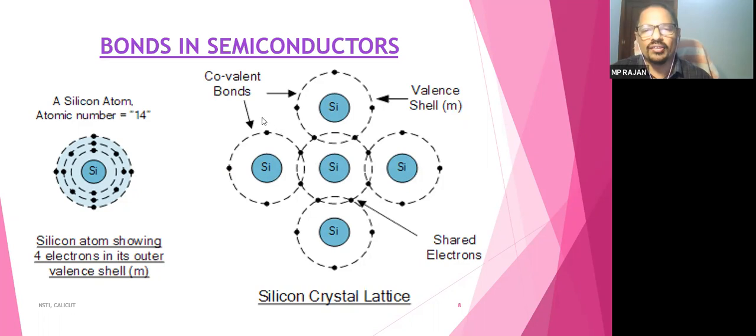There is no free electron, you can say, at normal temperature. Unless you make some change, it is as good as electrically insulated. This is called insulated.